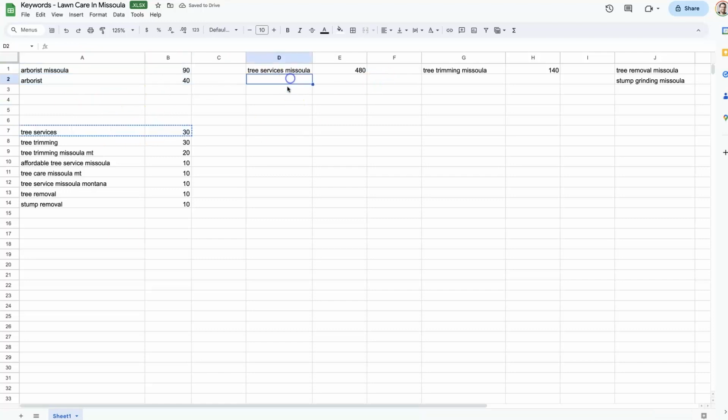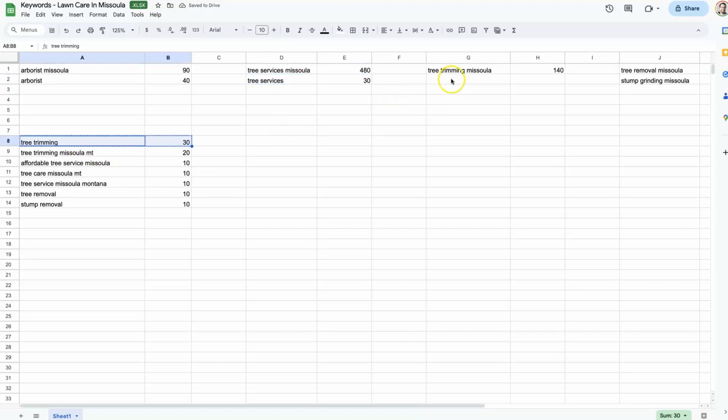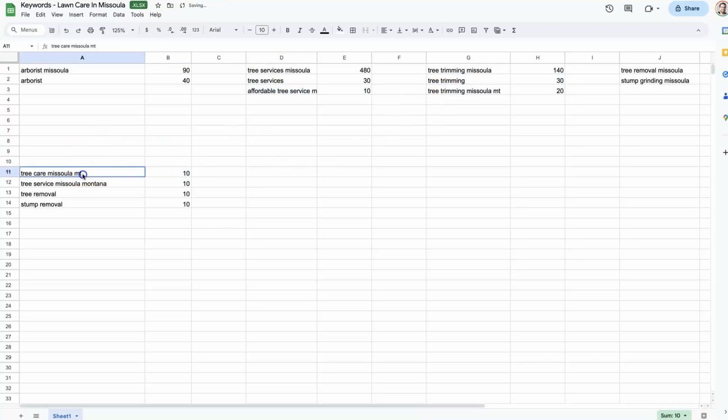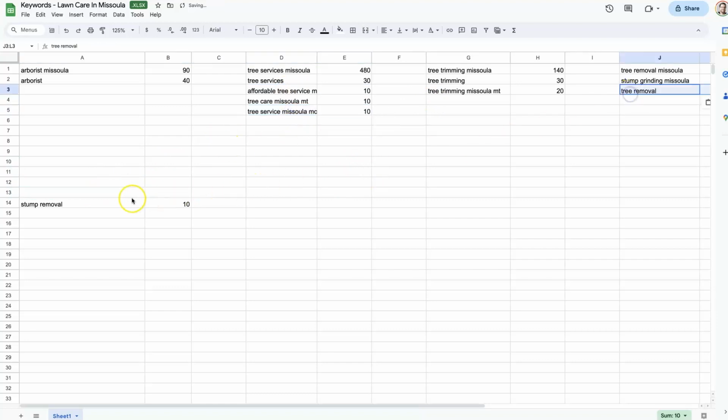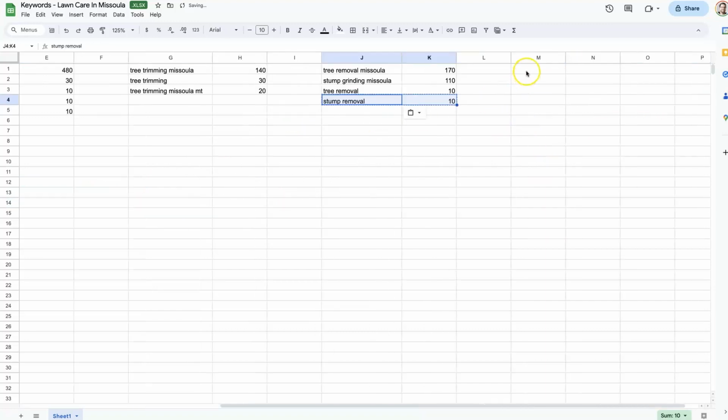We already saw that there was somebody searching for tree services here. Then we got tree trimming, Missoula, Montana, affordable tree services, tree care, tree services, tree removal, stump removal.